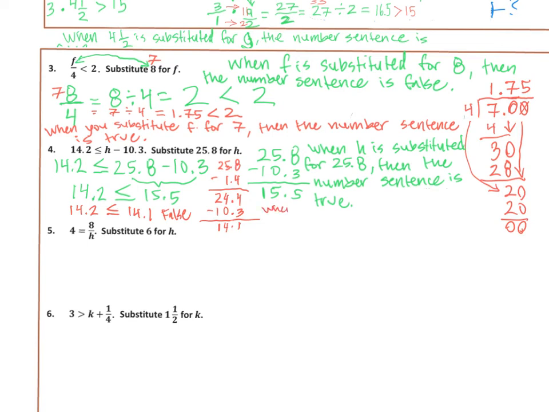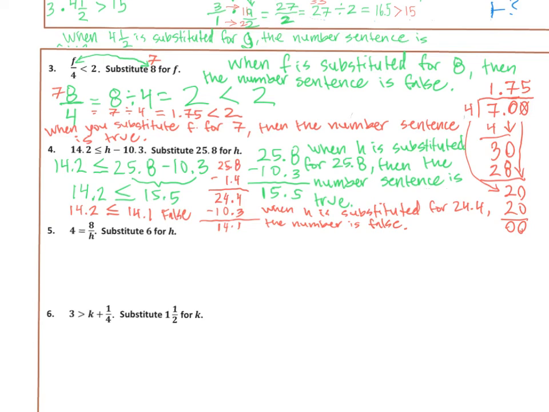So when H is substituted for 24.4, the number sentence is false. Because it already was true, and our job was to change it to false.